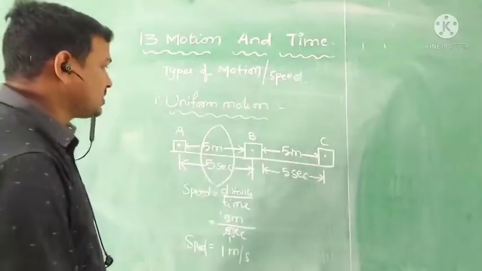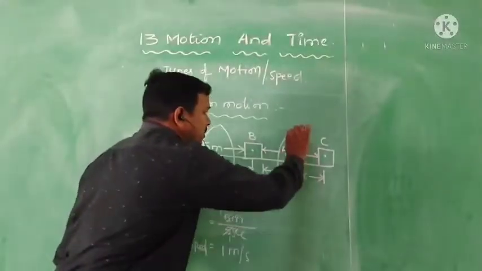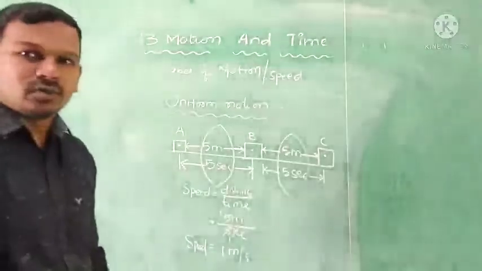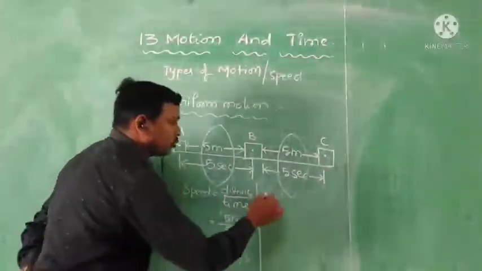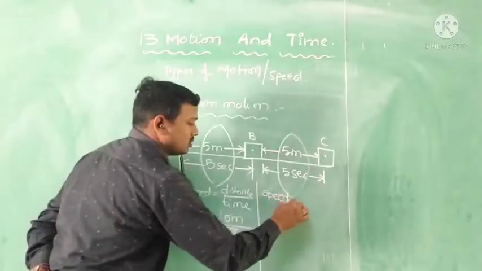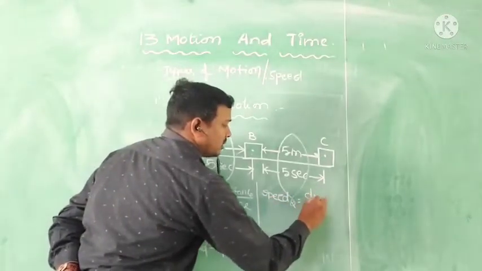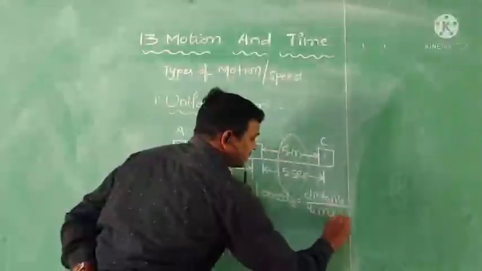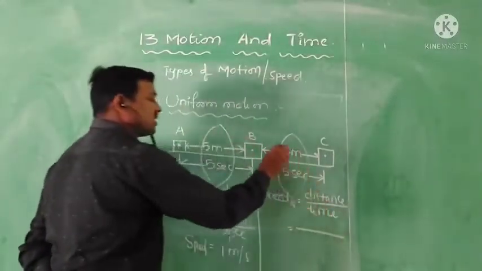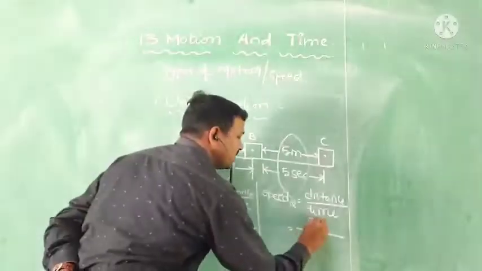Now we are going to discuss situation 2, from B to C. Speed 2 is distance by time. What is the distance he covered from B to C? 5 meters.